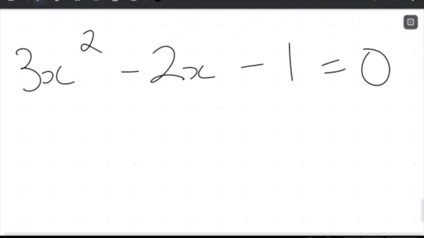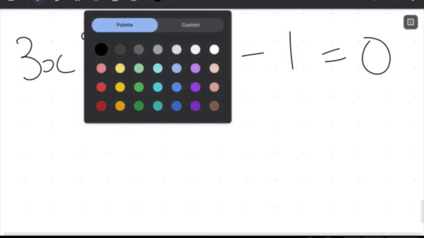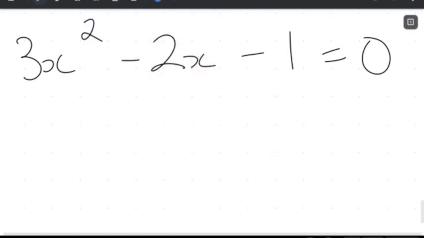Okay. Now, for this thing here, there are a couple of ways you can do it. You can do it with PSF. I'm just going to use the quadratic formula just for the fun of it, because we've talked about it a lot, so we're going to practice using this, and we're also going to be using this a lot more in the next video. So this is kind of like a warm-up to that.